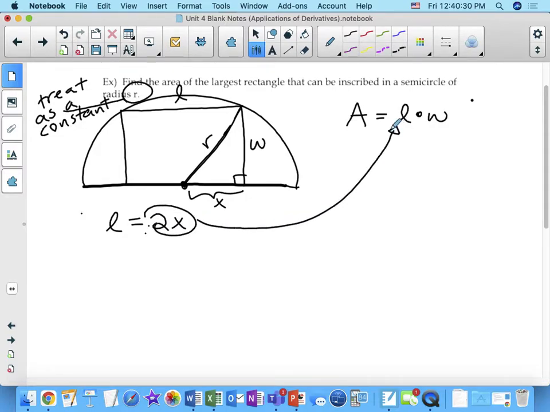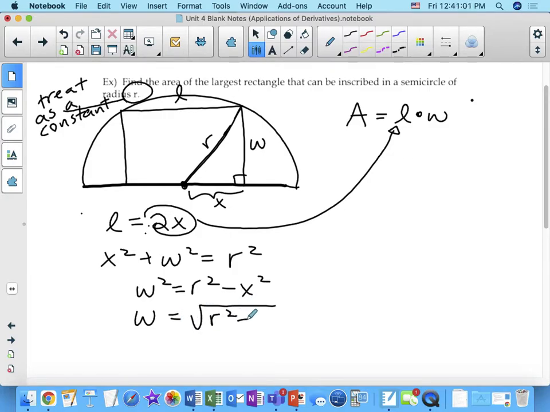If we also want to use the variable x for width, we need to use the Pythagorean Theorem. So we get x squared plus w squared equals r squared, which means that w squared equals r squared minus x squared, which means that w equals, it should be plus or minus the square root of r squared minus x squared, but because this is a width, it has to be positive. It's just the positive square root.